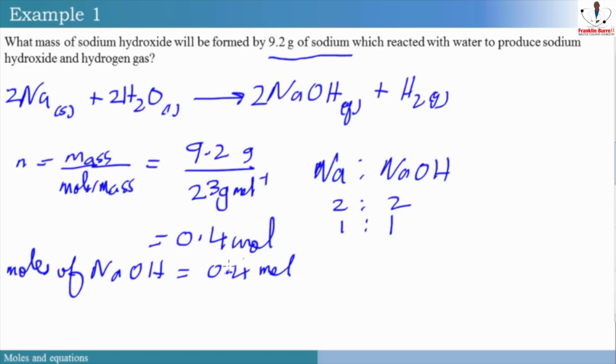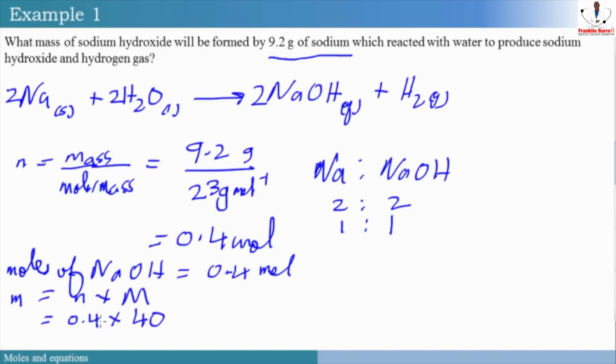Now that we know the moles of sodium hydroxide, we can calculate the mass of sodium hydroxide from the moles of sodium hydroxide. So we will use mass equal moles times molar mass. So the moles here is 0.4 times the molar mass of sodium hydroxide, which we know how to calculate already, 23 plus 16 plus 1, which is equal to 40.